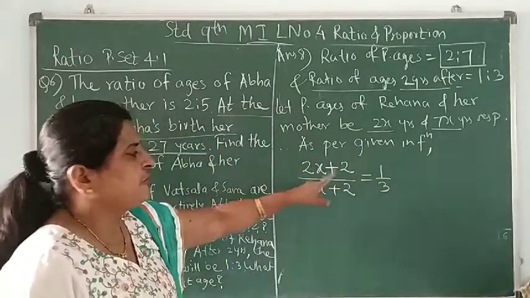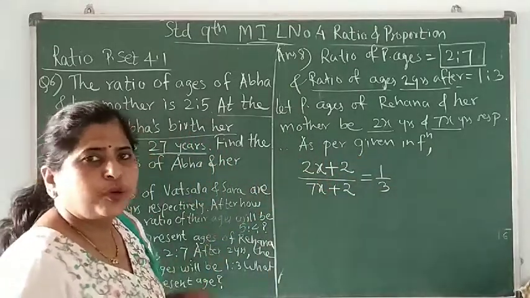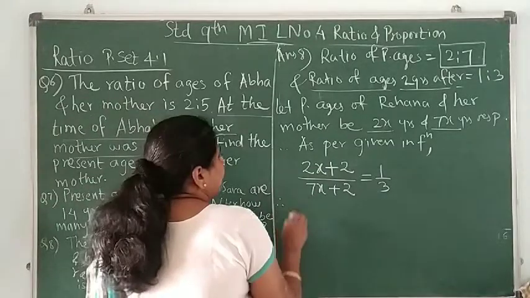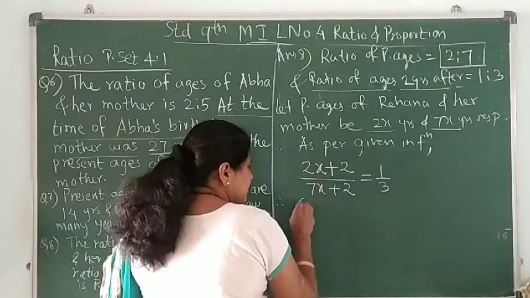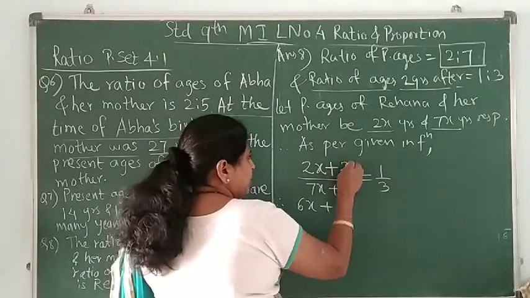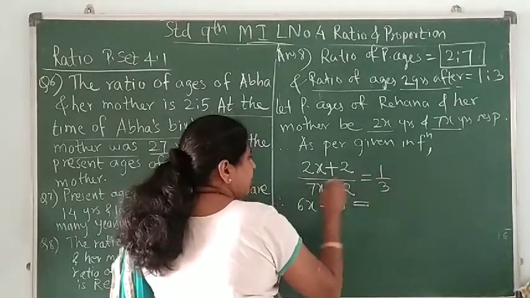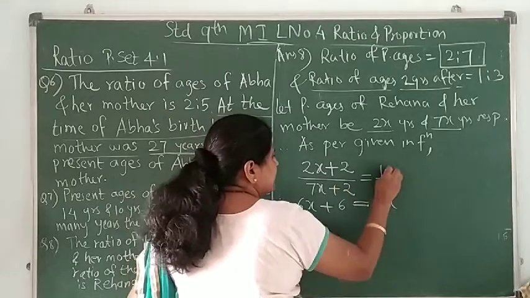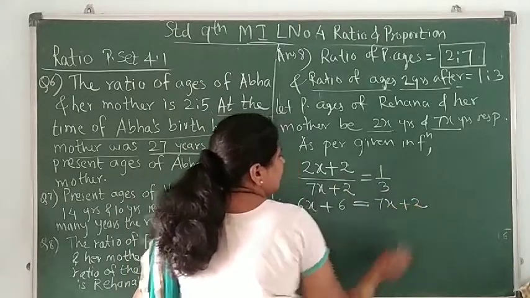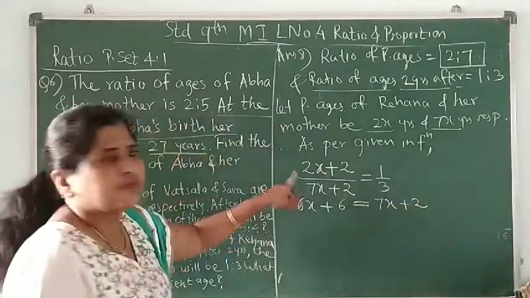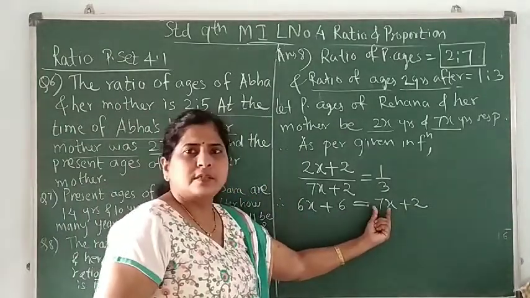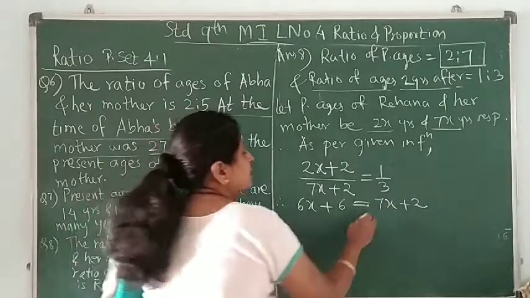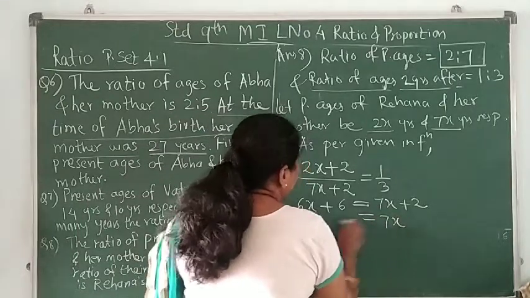Now as in the previous sum, we have to do the cross multiplication to get the value of x. Let's multiply by 3. 3 2s are 6x plus 3 2s are 6 is equal to 1 into 7x plus 1 into 2, which is 2. Now observe, here it is 6x and here it is 7x. 7x is the bigger one, so let it be 7x here only.